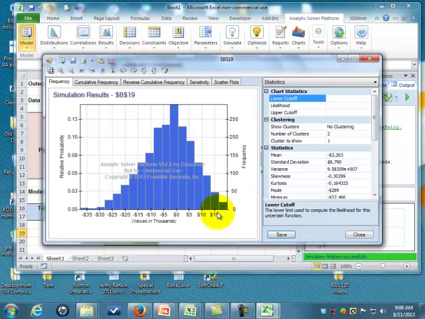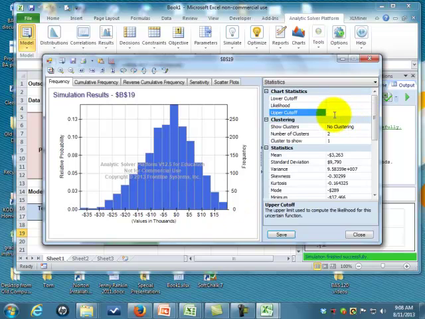Now, remember we said if it's a negative number, that means it's cheaper for us to produce and we'll want to manufacture it. If it's more expensive for us to produce, we'll want to outsource it.